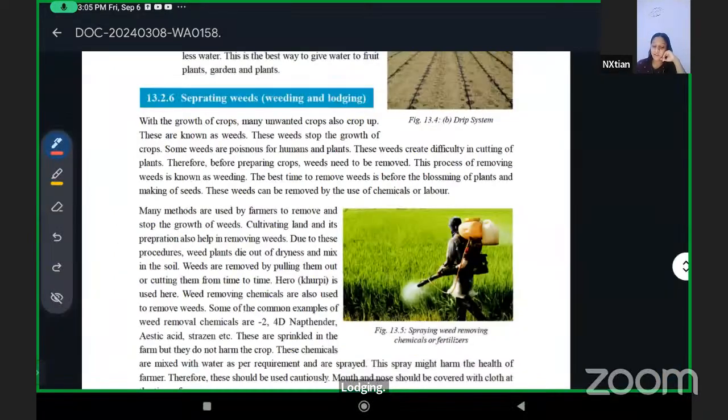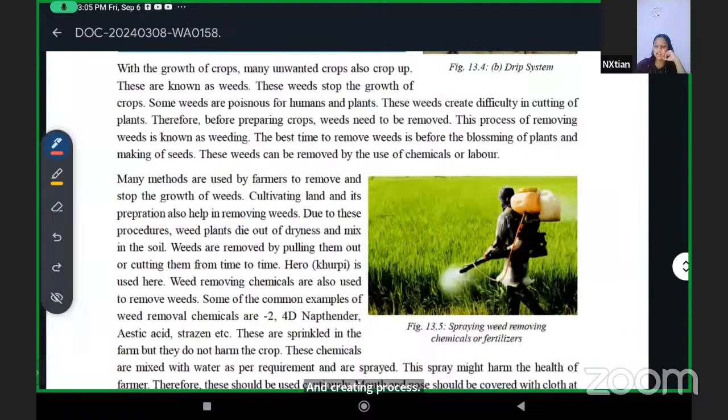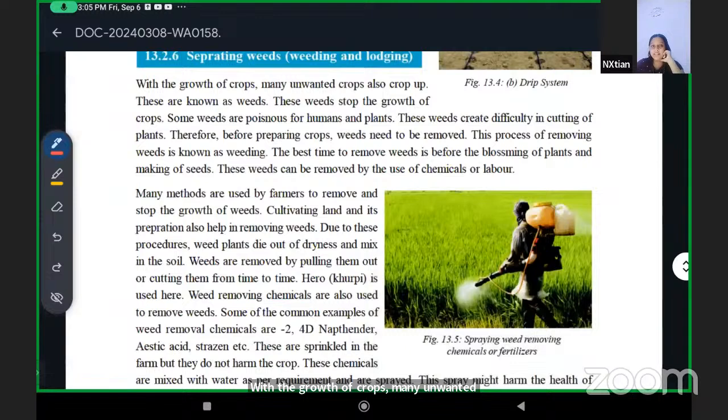Okay, now with the growth of crops, many unwanted plants also crop up. These are known as weeds. When we are growing crops, a lot of unwanted plants also start growing in between our main crop. Those unwanted plants that start growing in the field, which we did not plant, are known as weeds.